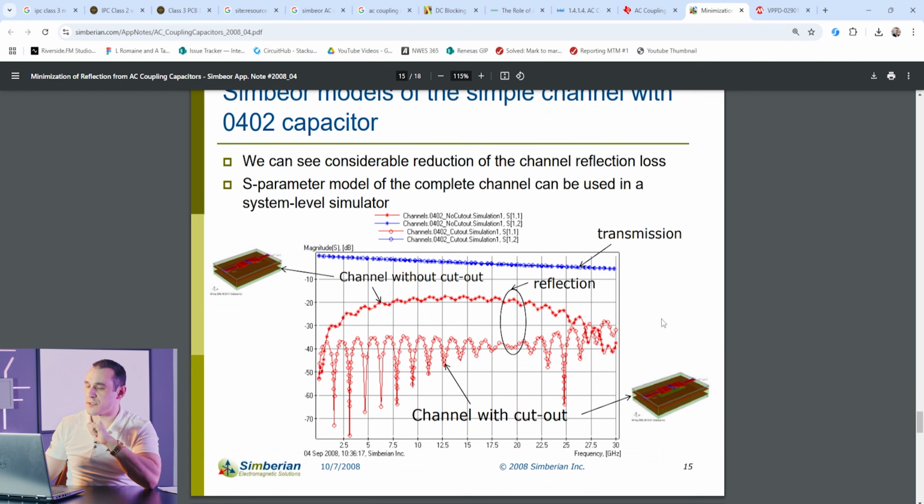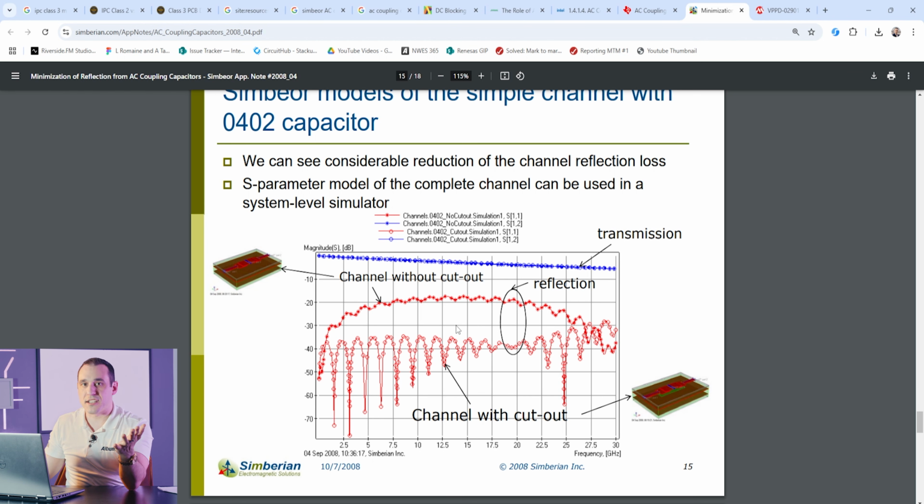And then you can see here some simulation results when the model includes a cutout and omits a cutout below the coupling capacitor. Now you can see here in this S parameter plot that we have a pretty dramatic difference in the channel performance when we include the cutout versus when we omit the cutout. Here you see almost a 20 dB improvement in return loss when the cutout is included below a 0402 capacitor.